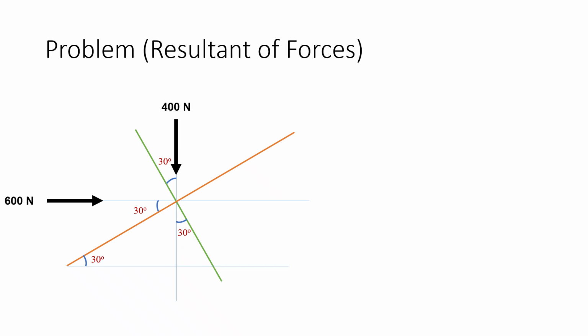So this 600 Newton is making an inclination of 30 degrees with respect to my rotated x-axis, and as you can see here, 400 Newton is making an inclination of 30 degrees with respect to the rotated y-axis.